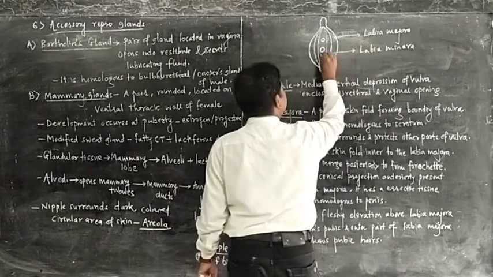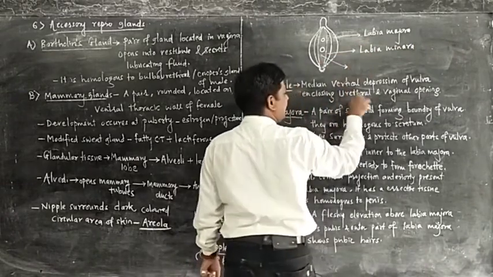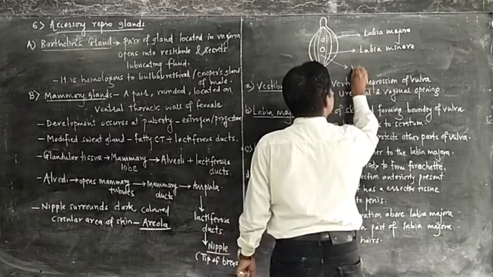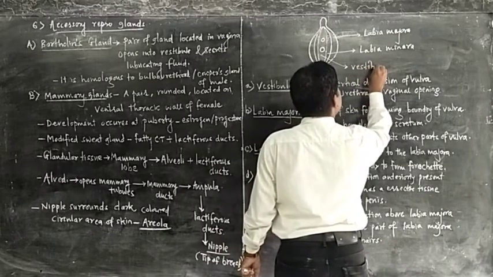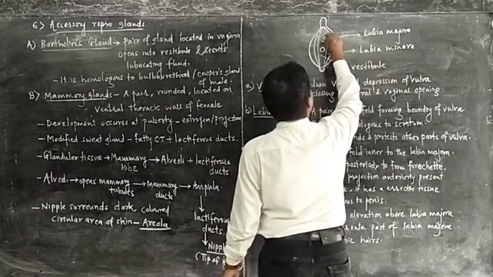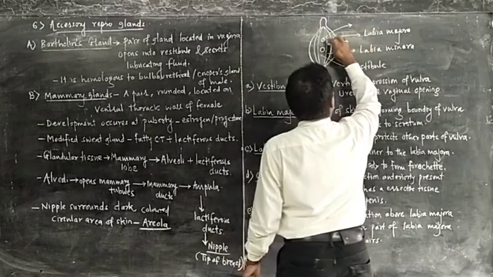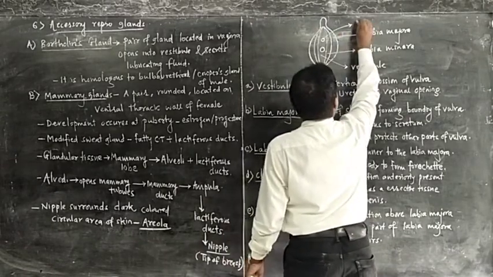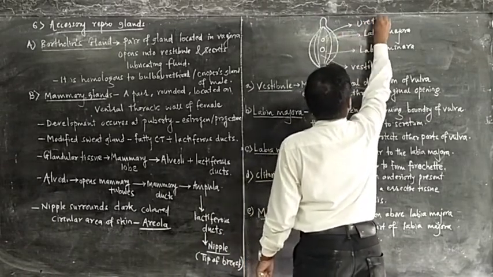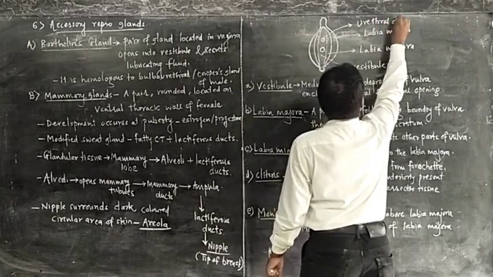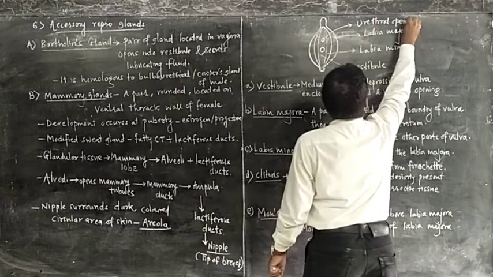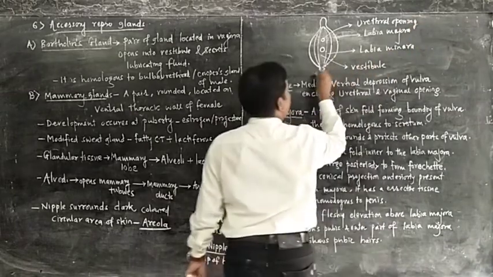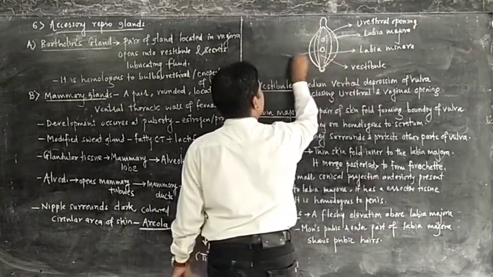This central median vertical depression is the vestibule, and this vestibule possesses two openings. The upper opening is called the urethral opening, and the lower opening is called the vaginal opening. This is the vaginal opening.